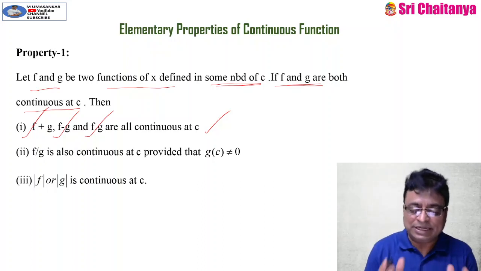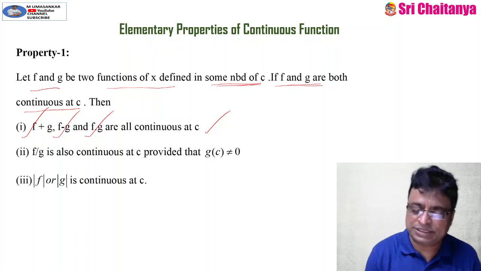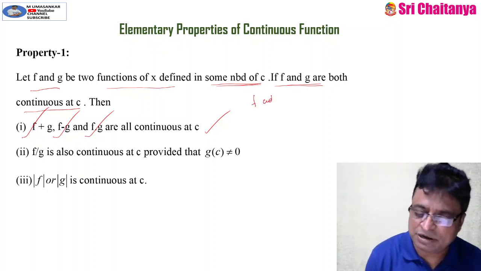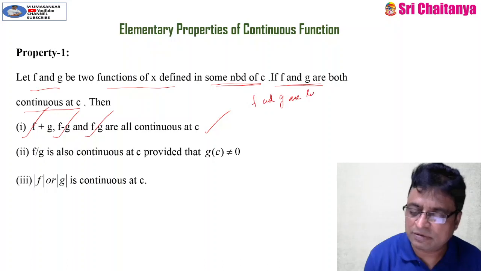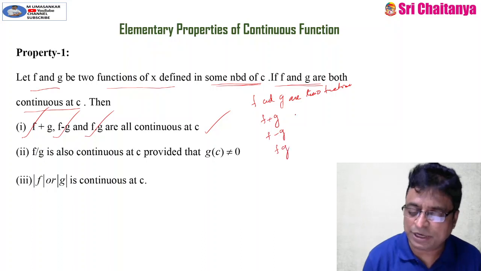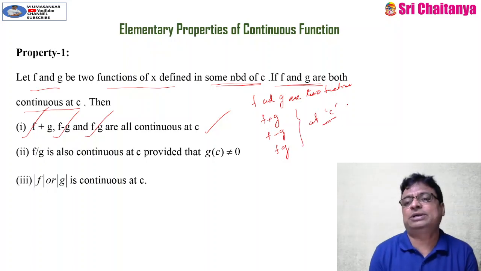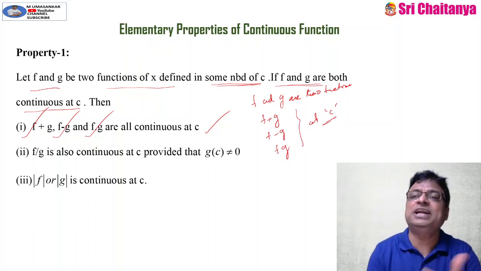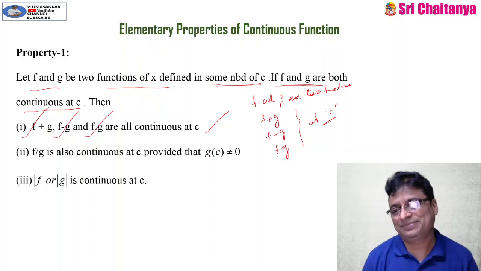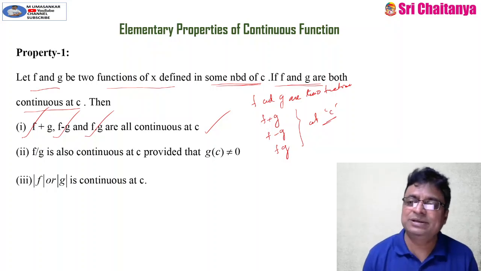That means, if f and g are two functions such that the sum is continuous, the difference is continuous and the product is continuous at a particular point c, then what can you say about the continuity of the individual functions? Are they both continuous?